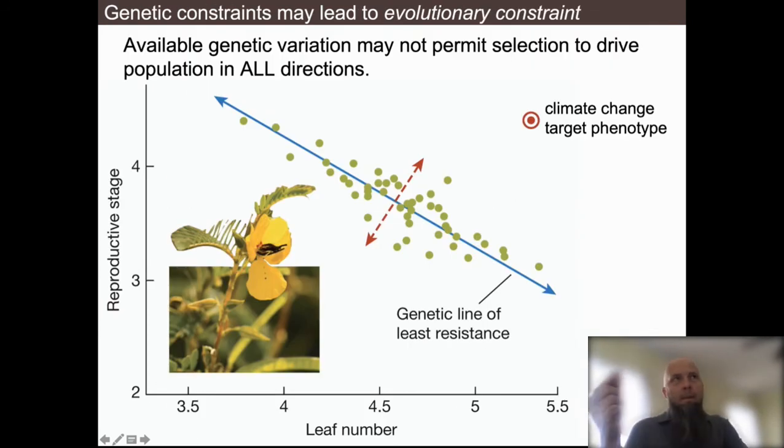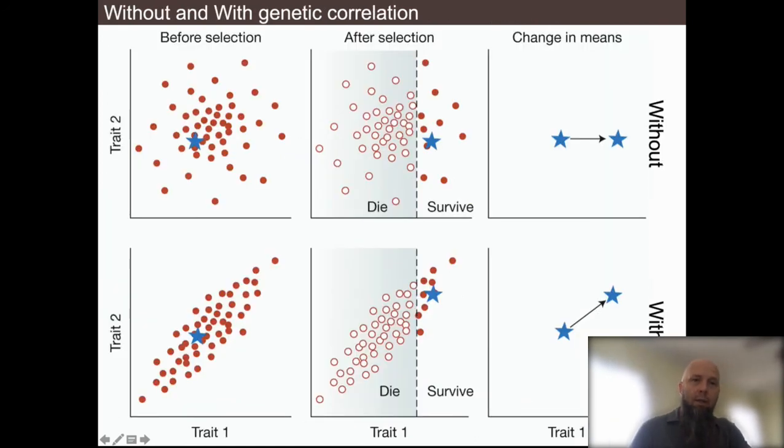Now, there are genetic constraints on the way in which selection can change a population. Go back and look at this bottom left graph.